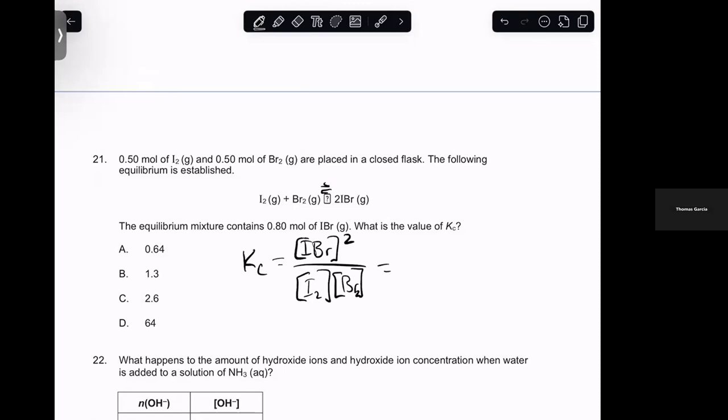So you're saying, well, what are the values? Well, the reason we don't need to is because we have conservation of mass and conservation of matter. If we have 0.5 moles of two gases, that means we have a total of 1 mole of gases. We notice that for 0.5 mole of each of those, they end up going to 2 moles of that if it completed all the way, but it doesn't. But we have 1 mole of gas.